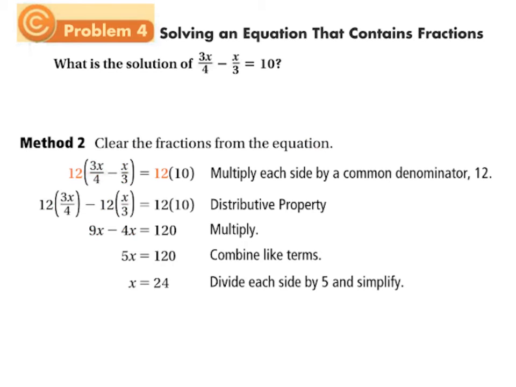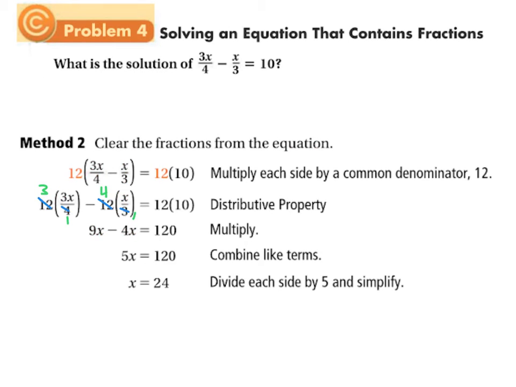What you're doing here is you're saying this 12 and this 4 can cancel out, leaving you with 1 and 3, and therefore 3 times 3, x equals 9x. And over here, you can say this 3 and this 12 cancel out, leaving you with 1 and a 4, and there's no coefficient in front of x except 1, so that's just 1 times 4 is 4x.